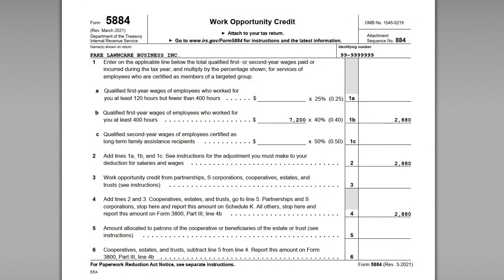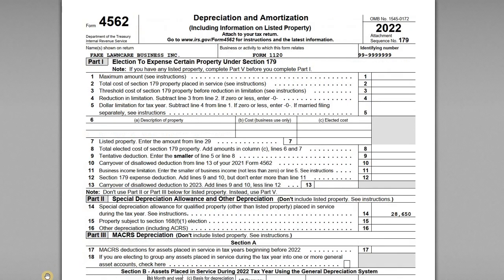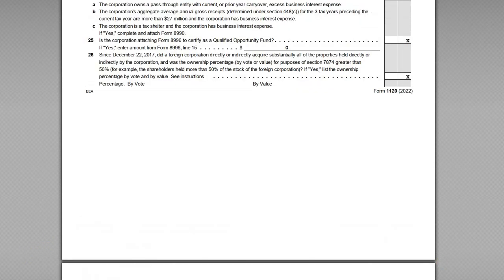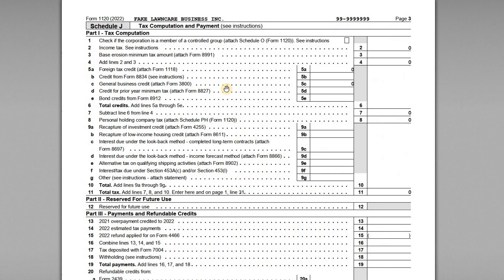So if we look at Schedule J of the return, let me go to page 2. Okay, so Schedule J is where we compute the amount of taxes that are owed or that the corporation is liable for, and then we account for any kind of credits.